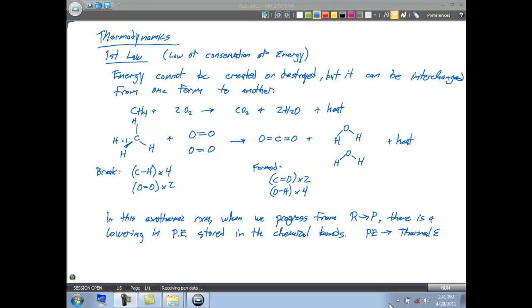The law of conservation of energy, though, kind of is like a hand-waving way of saying, hey, energy can't be created or destroyed. It's going to be transferred in different forms.